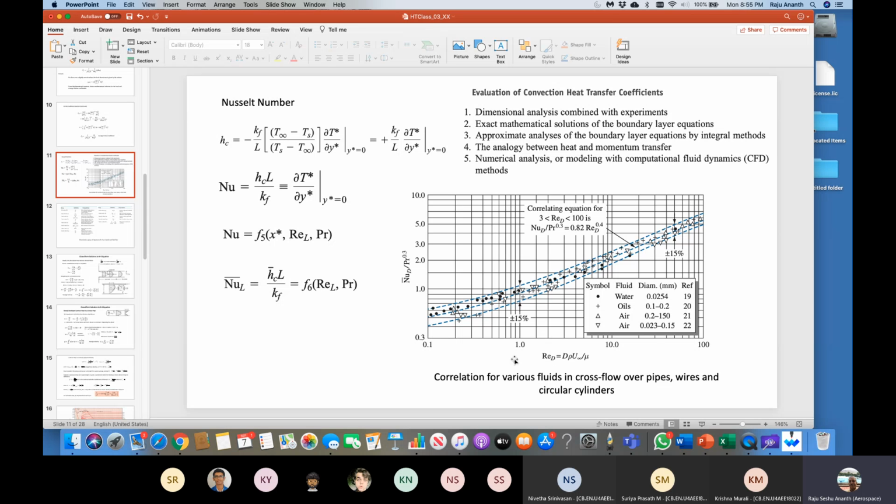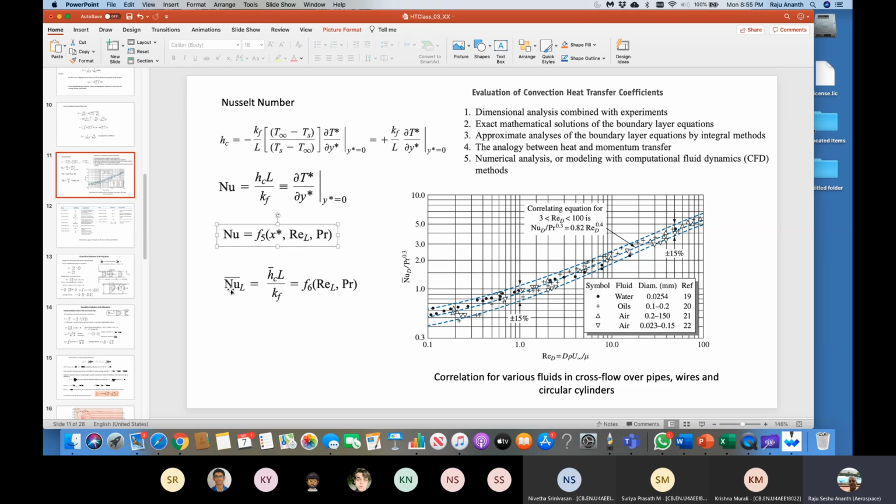So the x-axis is the Reynolds number. I increase the velocity and change the diameter, so I get a lot of points. If I plot this, I get the Nusselt number plot, and I just happen to be scaling it slightly. That's all, because Nusselt number was a function of x, Reynolds number, and Prandtl number.